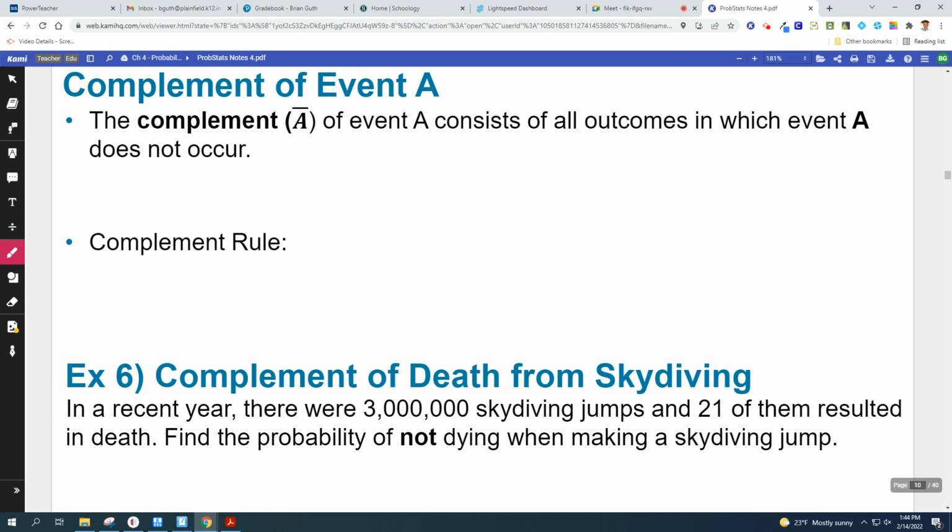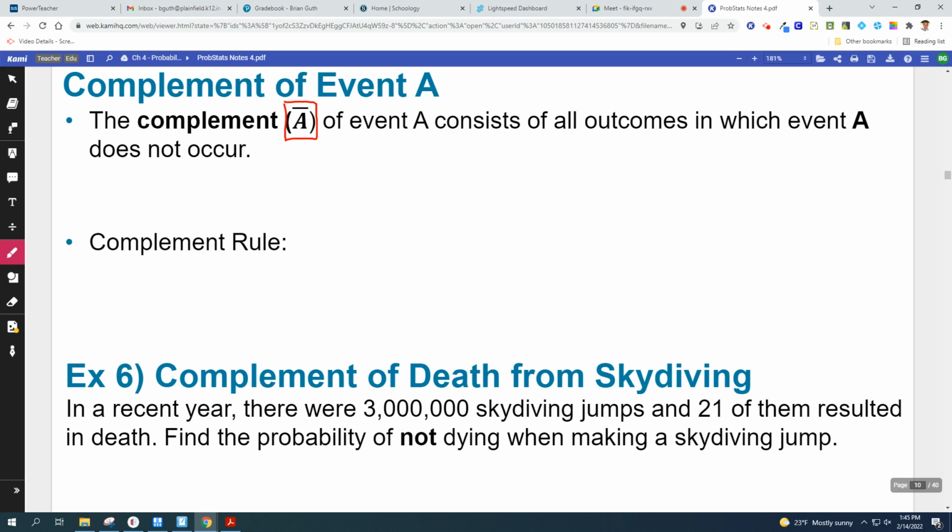Complement of event A. We've got some new notation here, A bar. The complement of event A consists of all outcomes in which event A does not occur. So, think about this. Let's say event H is you're wearing a hooded sweatshirt right now. Okay?